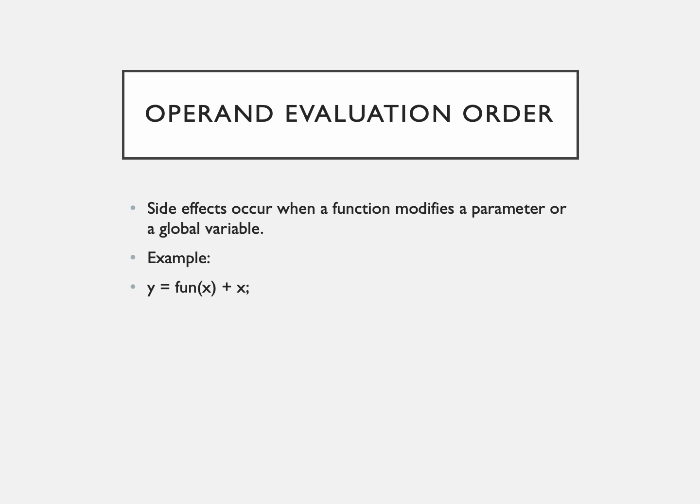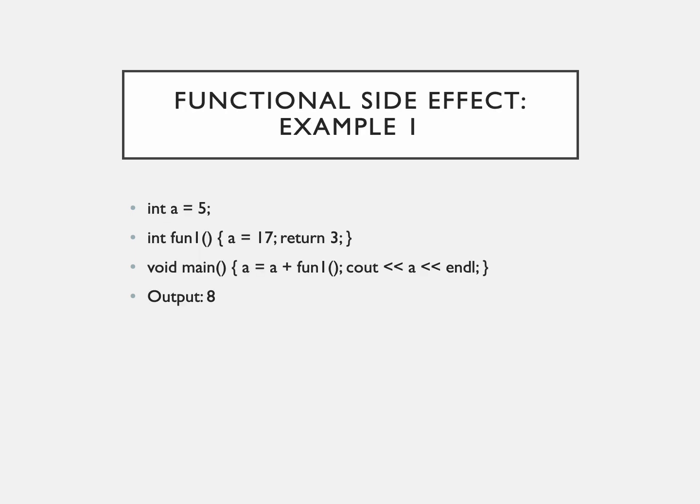So, let's say fun x increments x before returning a result. Depending on the compiler or optimization setting, the order in which fun x and x are evaluated may change. So we'll now see some examples to better understand operand evaluation and side effects.